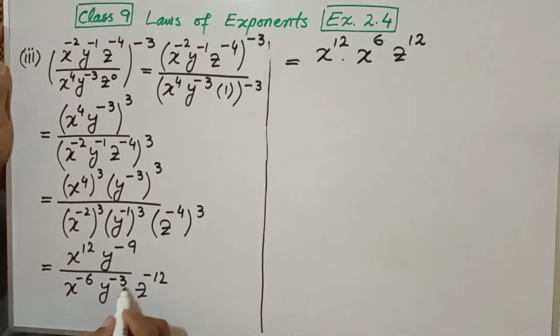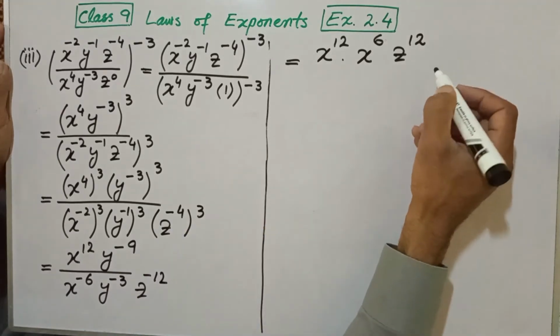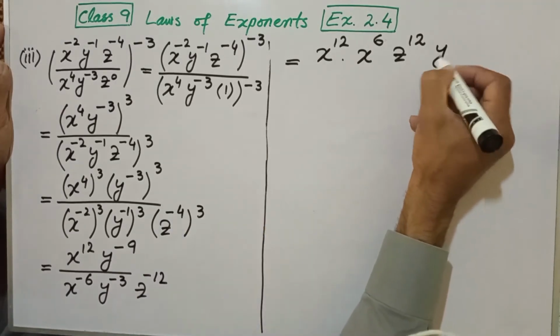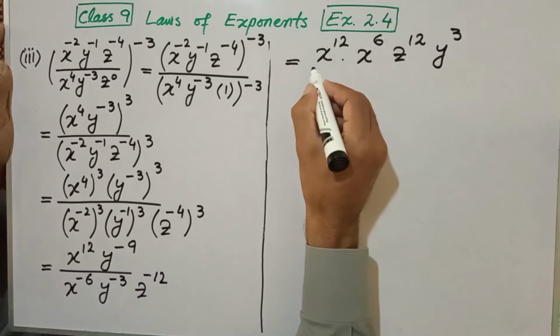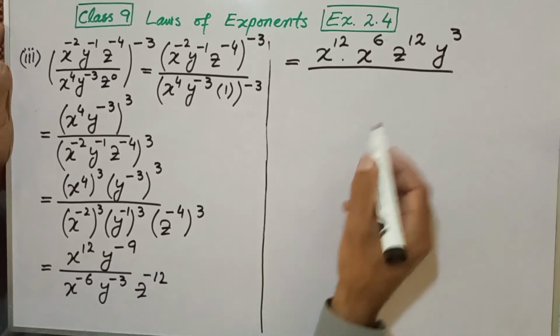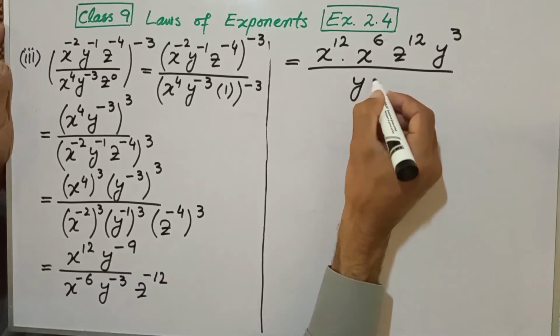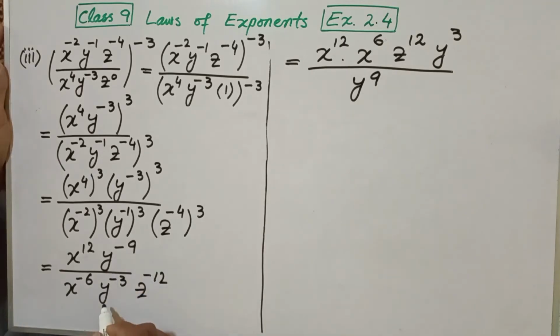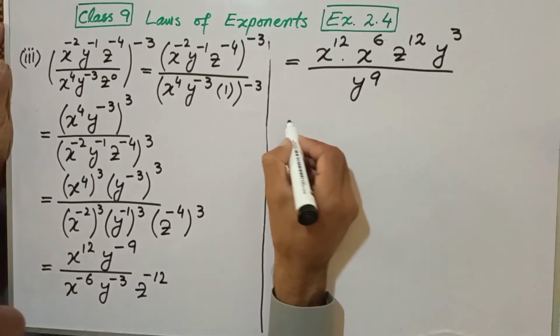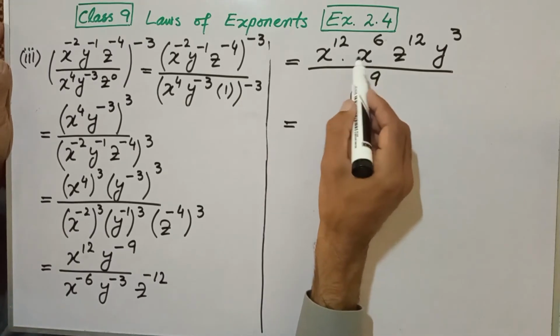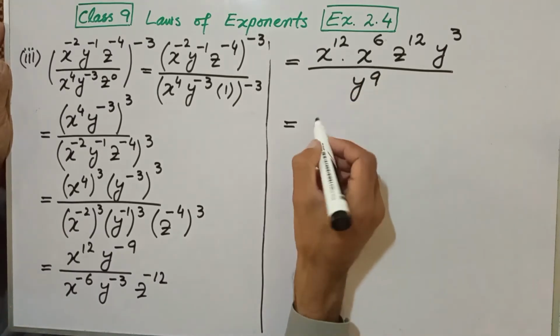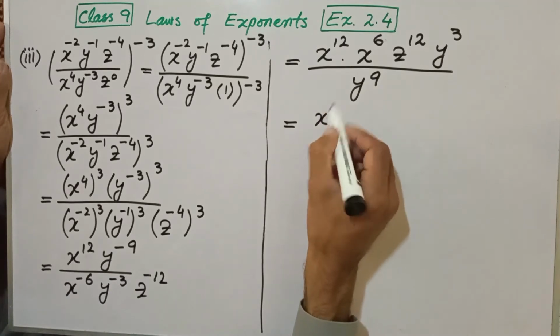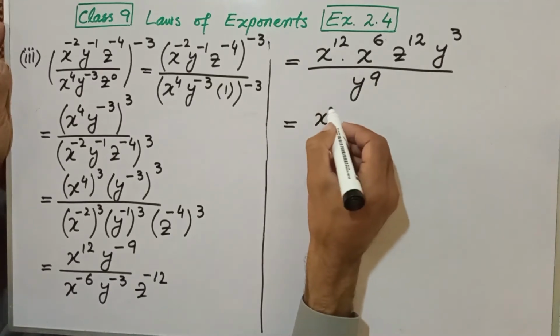This y is negative, so it will be written in the numerator. This becomes y cube divided by y power 9. This is negative, so it becomes positive in the denominator. Simplifying, we know that when the bases are same, the powers are added. So this becomes x, 12 plus 6.